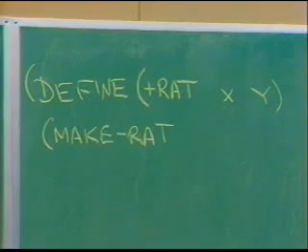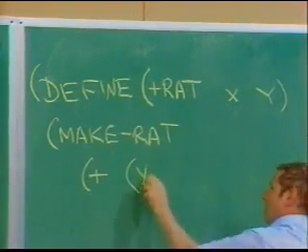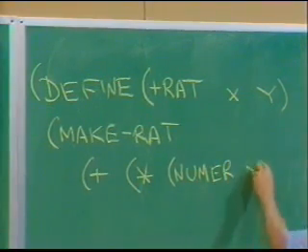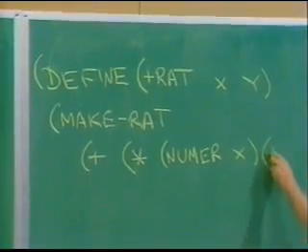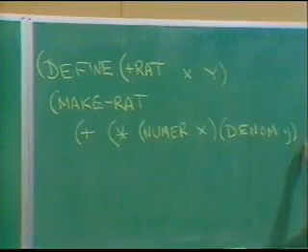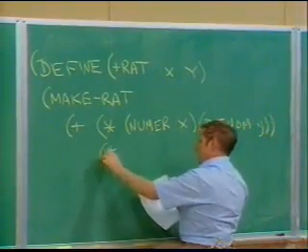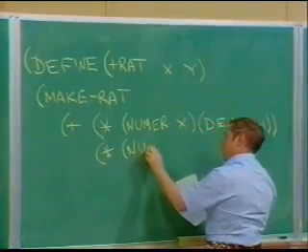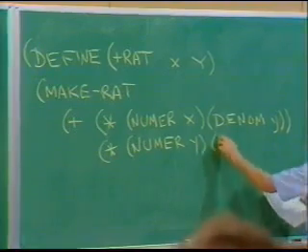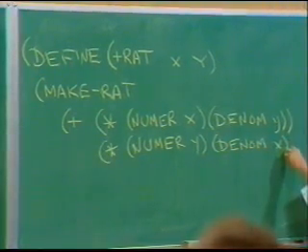What rational number is it? Well, we've got the formulas there. The numerator of it is the sum of the product of the numerator of x and the denominator of y, that's one thing in the sum, and the other thing in the numerator is the product of the numerator of y and the denominator of x.